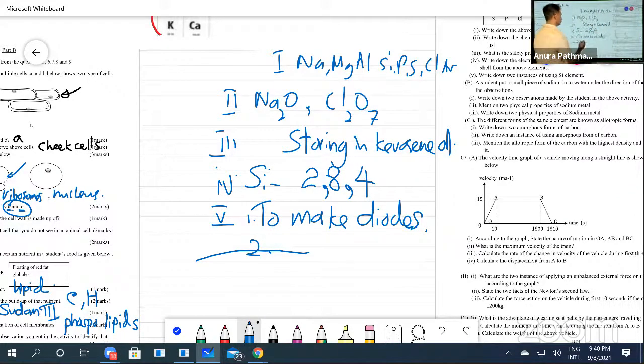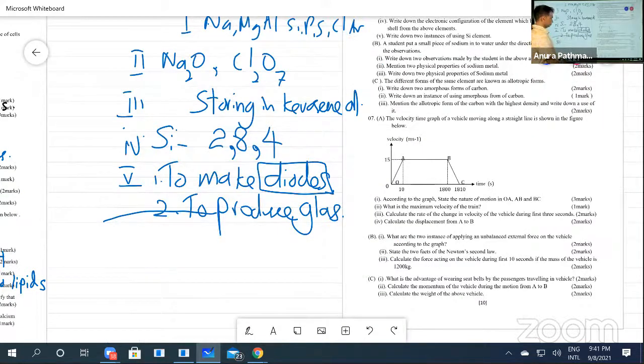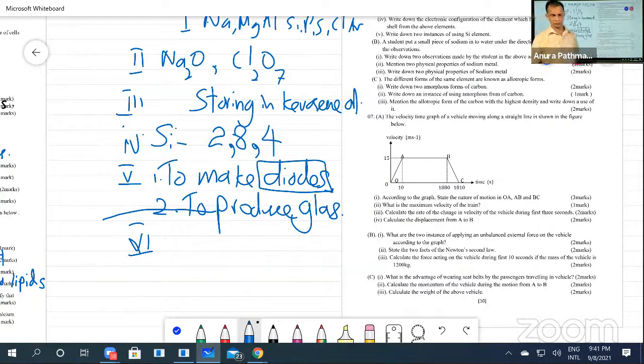Glass industry. To produce glass. All these semiconductors, diodes, or electronic equipment. Okay. So, the 6th one. Is silicon used to make glass? Not boron. Boron is used when making boiling tubes, something like that, for high temperature.